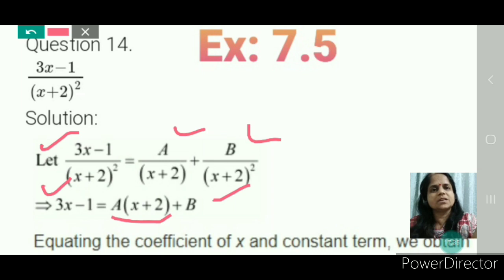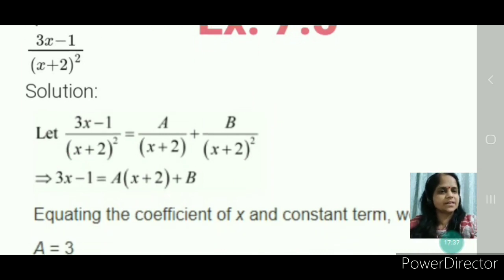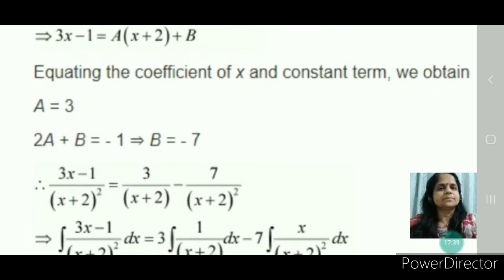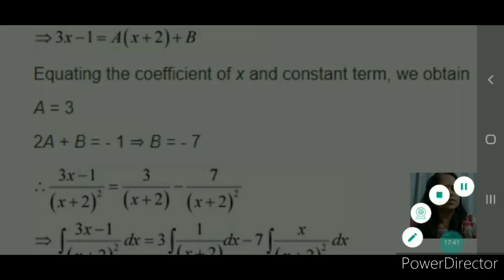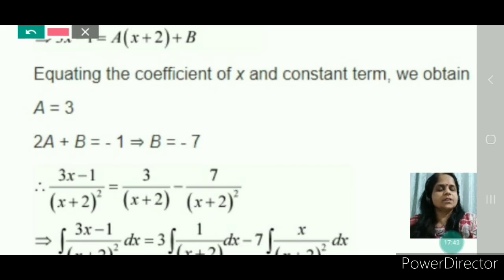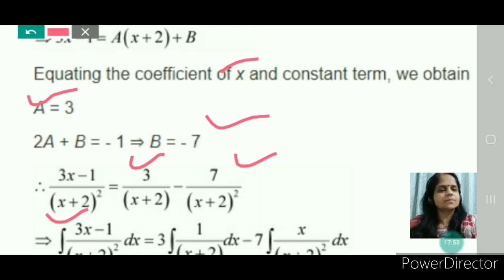There are so many methods to find the values of a and b. So here, equating the coefficient of x, you will get a is equal to 3, and from the constant term you will get b is equal to minus 7. Now substitute the values in the previous equation, and now get the integration.